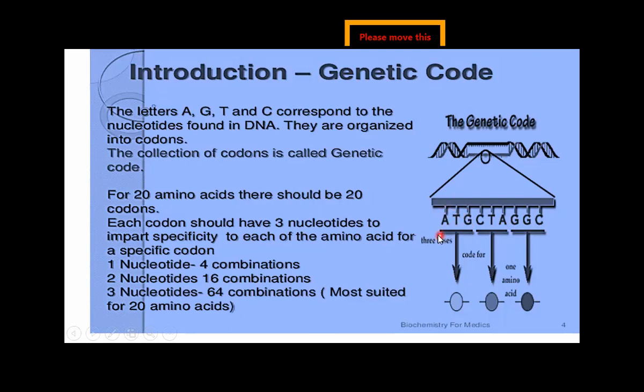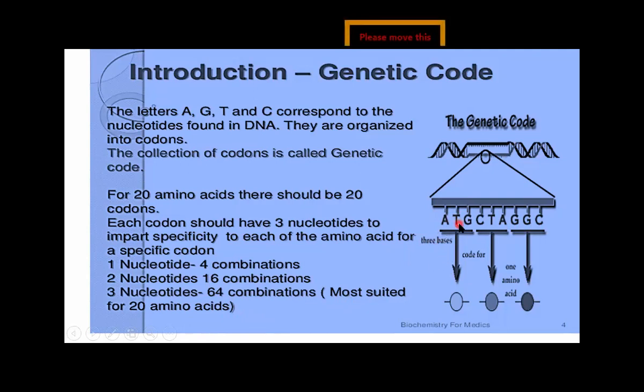This is a codon. It consists of 3 bases, and if we take 3 nucleotides at a time, it is sufficient for coding the 20 amino acids, because in our body 20 amino acids are going to make more than 10,000 proteins.